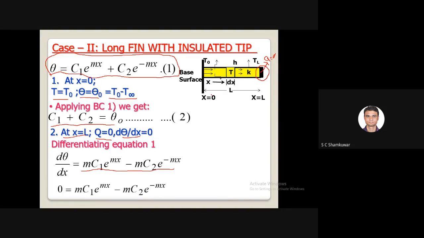Here, in case 2, long fin with insulated tip, at a distance of L the temperature will not be equal to T infinity. It will be TL. So the temperature at the tip will be TL, not T infinity, because the fin is not infinitely long.